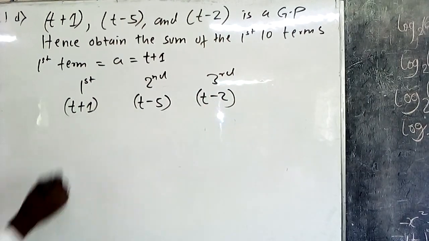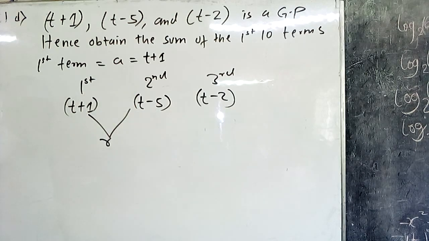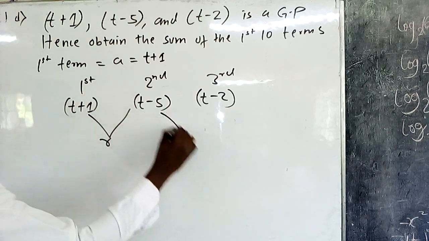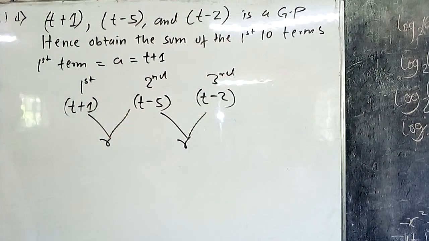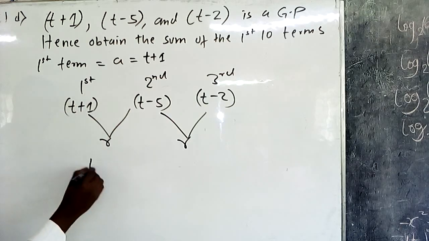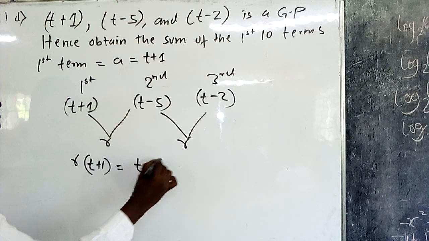When you know that, the first term times the common ratio gives you the second term. Then the second term times the common ratio gives you the third. So first term times common ratio, t plus 1 multiplied by r, gives you t minus 5.